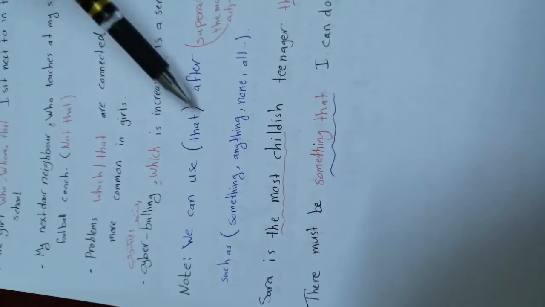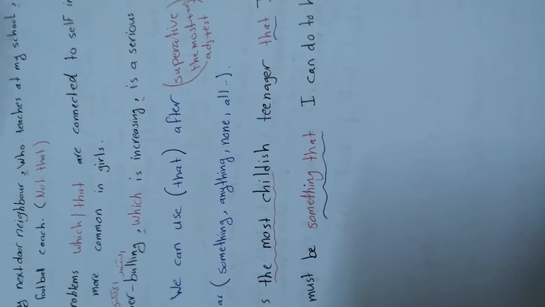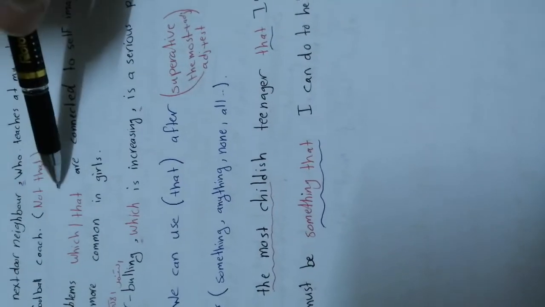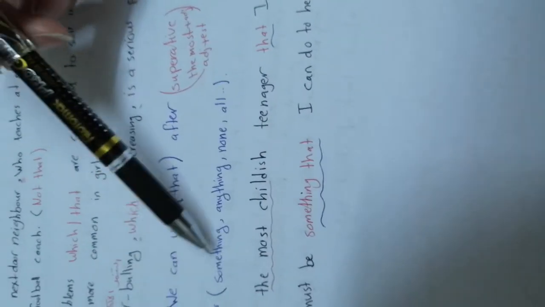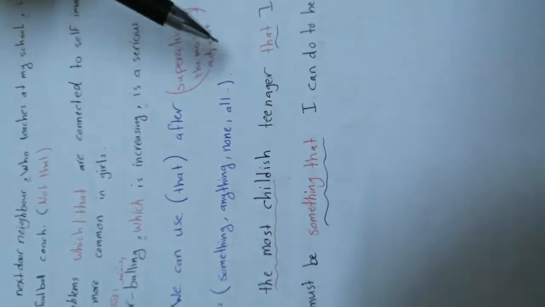Another notes، كمان في notes عنا: we can use that after، متى بنقدر نستخدم that كمان؟ بعد السوبرلاتيف. السوبرلاتيف هو the مع ال adjective plus est أو the most. أوكي the most مع ال adjective and the words after something, anything, none, or all.